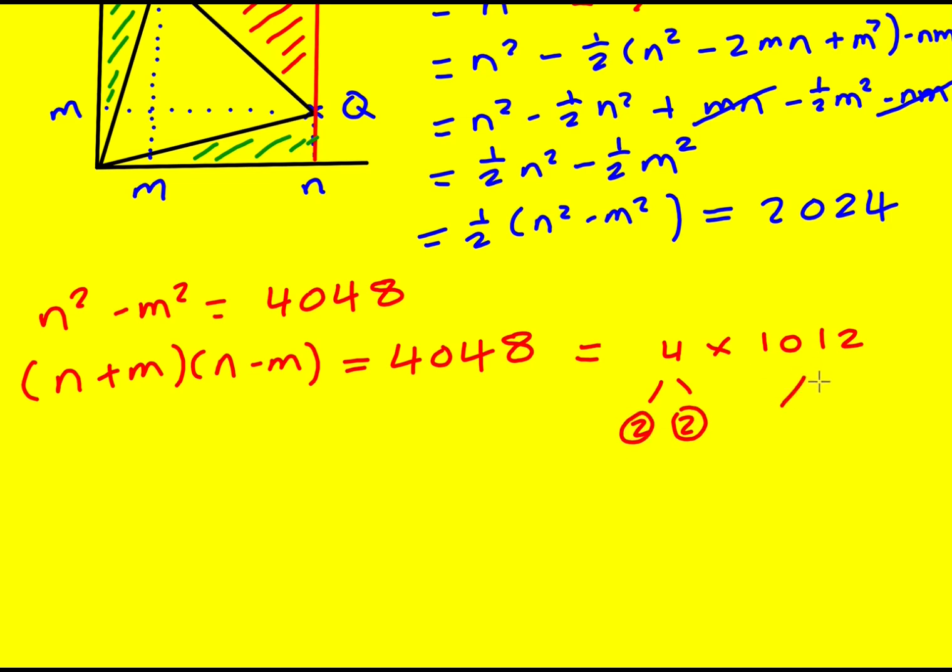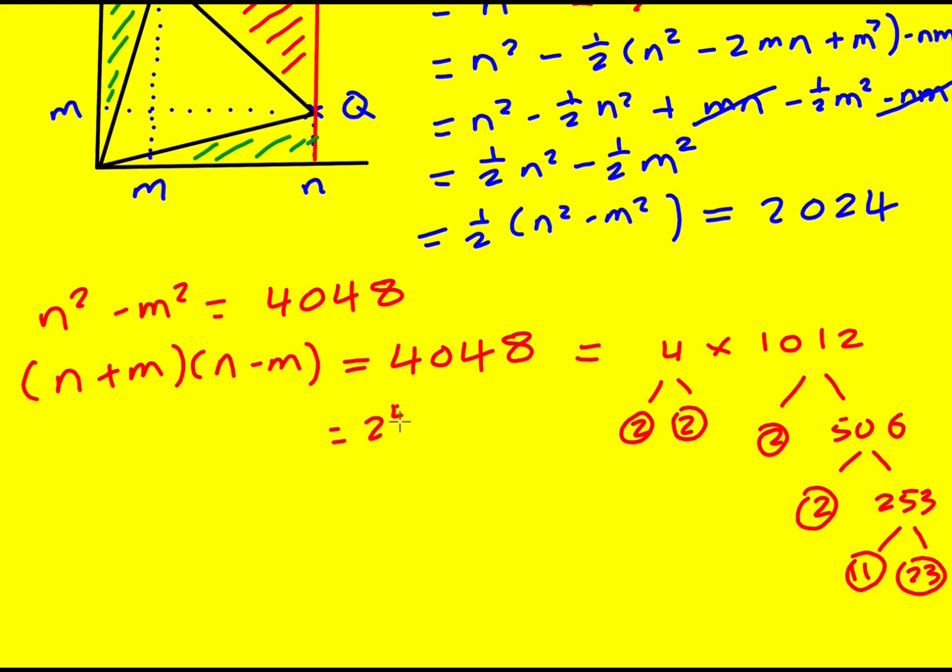So I've got 2 and 2, then 2 and 506. Keep dividing by 2 until we lose our even number: 253. This one came up earlier, it was 11 times 23. So we have 2 to the power of 4 times 11 times 23.